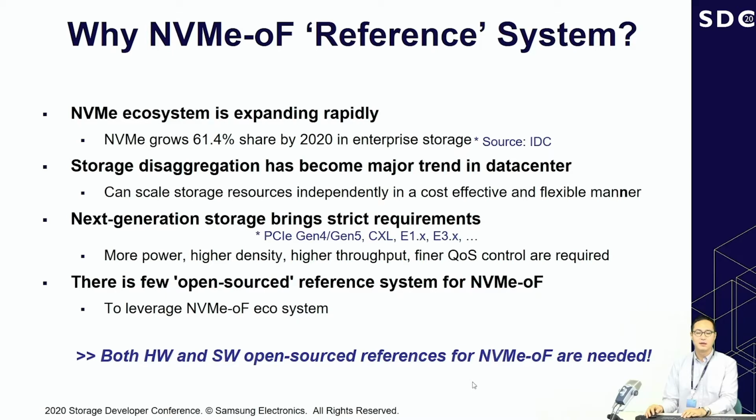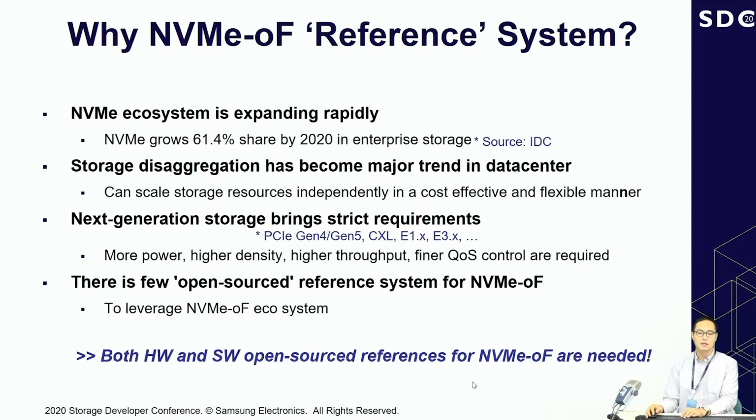And secondly, storage disaggregation has become a major trend in data centers since the mid 2010s. Storage disaggregation allows separating storage resources from compute resources within a server, and thus it can scale storage resources independently in a cost-effective and flexible manner. As disaggregation for NVMe storage, Embedded Fabric becomes more important.